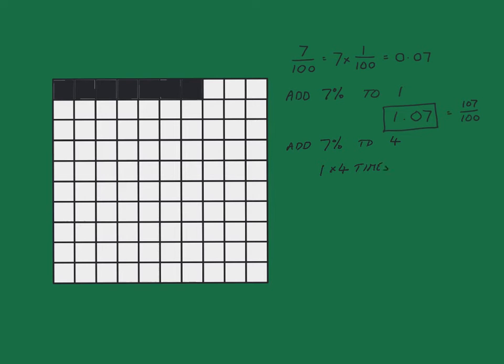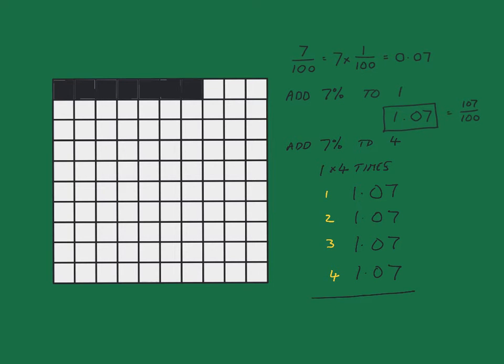That means we take 1.07, that's the first time. We take 1.07, that's the second time. We do it the third time, and we do it the fourth time. And then we add them up.